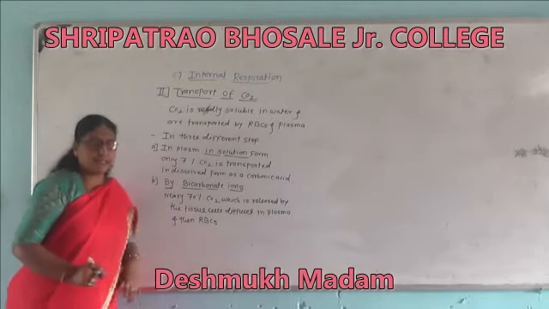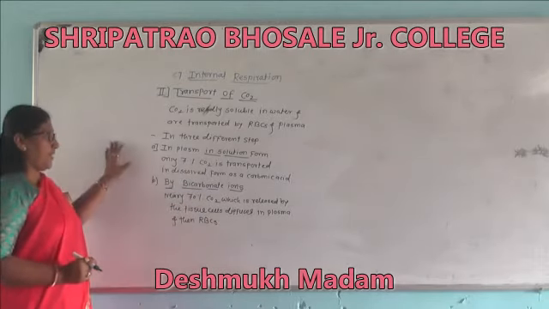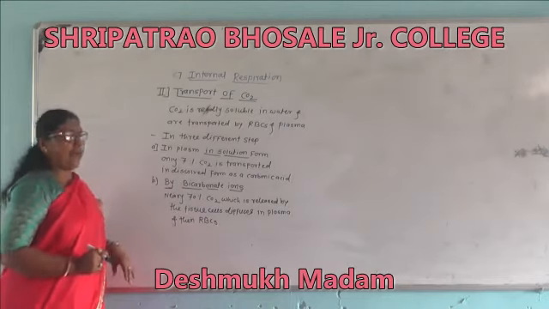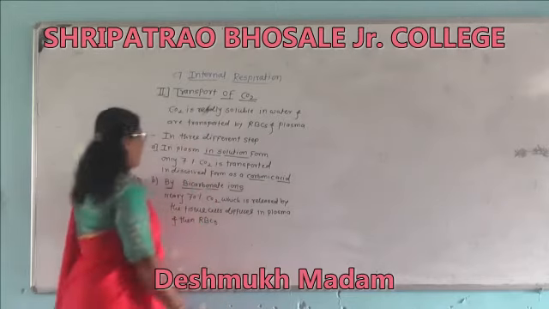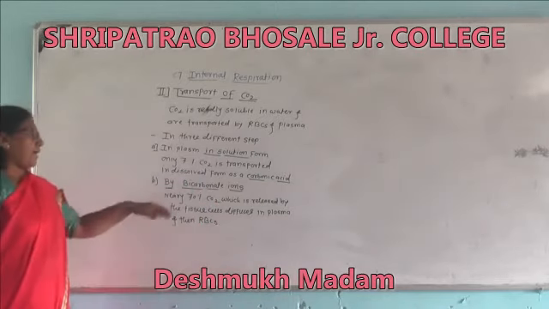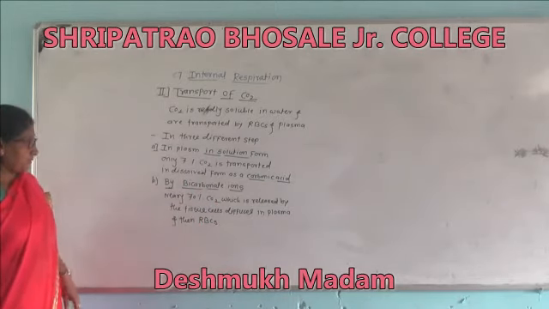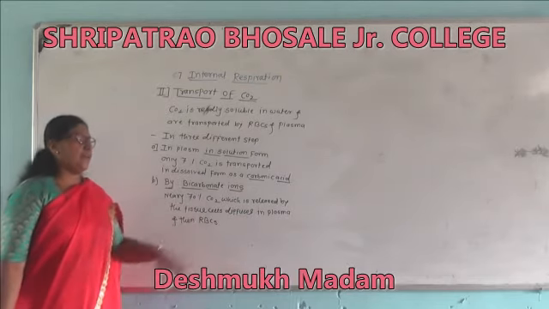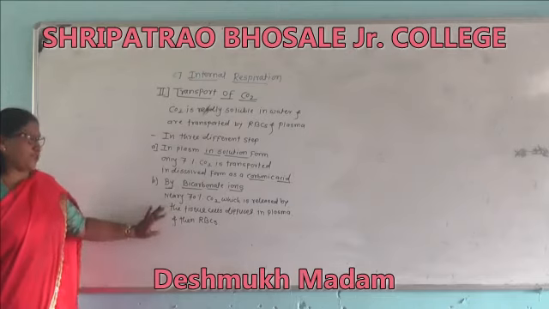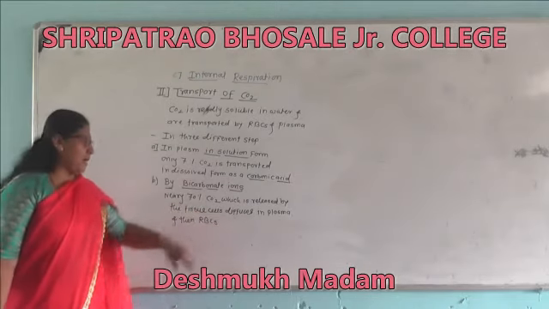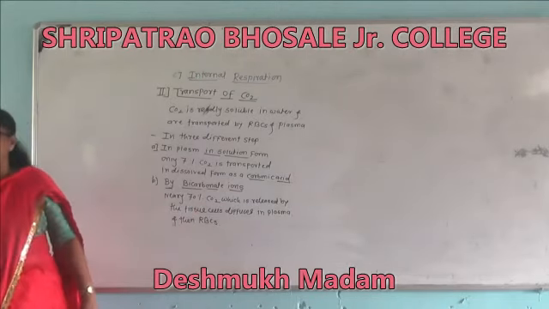Only 7% of CO2 is transported in dissolved form as carbonic acid. The second is bicarbonate ions.